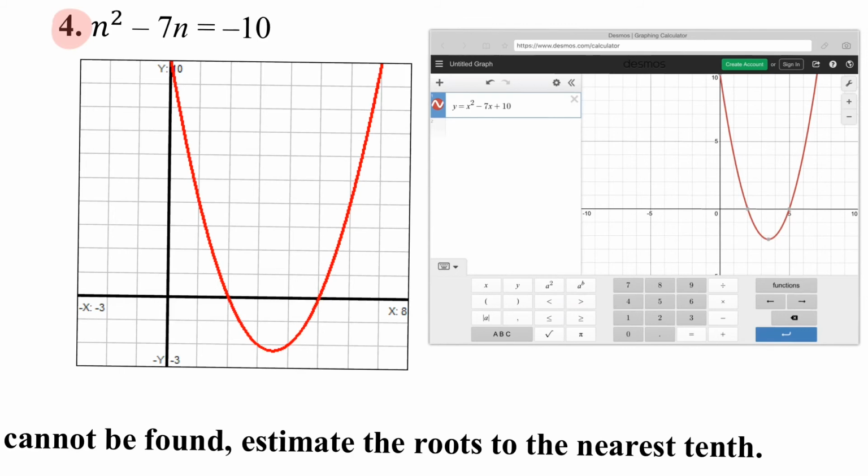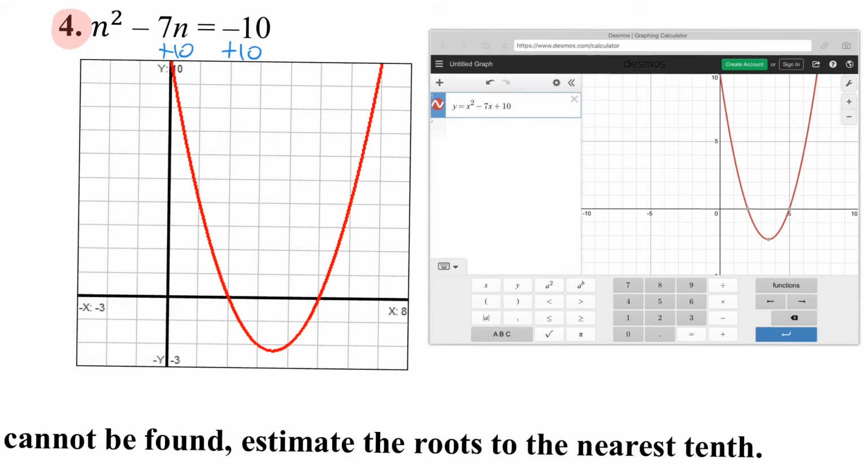So if you see on the screen here, y equals x squared minus 7x plus 10. Plus 10, because I have to get this minus 10 to the other side, so I have to do the opposite. I add 10 to both sides, and I'm just going to show you that right here. Plus 10 over here. So you will get n squared minus 7n plus 10 equal to 0.